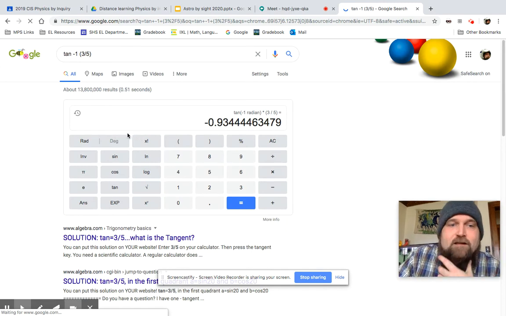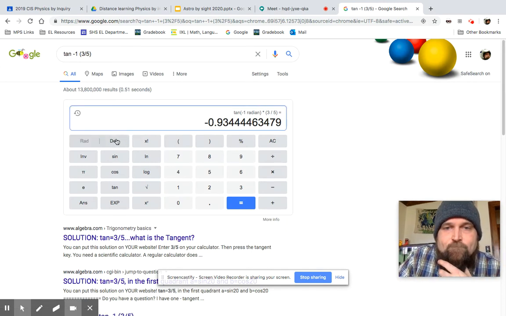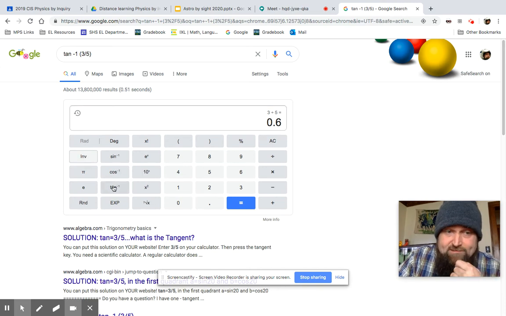Oh, it's in radians right now, so I'm going to change this to degrees. That doesn't seem right. So I'm going to say 3 divided by 5. That's 0.6, and I want to find the inverse tangent. So I'll do inverse. That's the symbol I'm looking for.